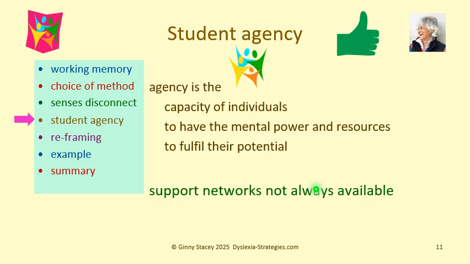Now, why it's particularly important for SBLD and dyslexic students is that the support networks are not always available. The support networks are really, really important to assist the learning situation, to give the students the agency that they should have and they could possibly have if learning went right for them. But the support networks are not always there.